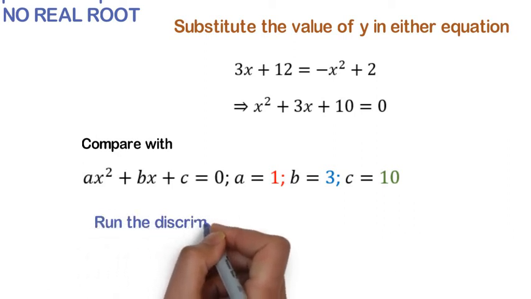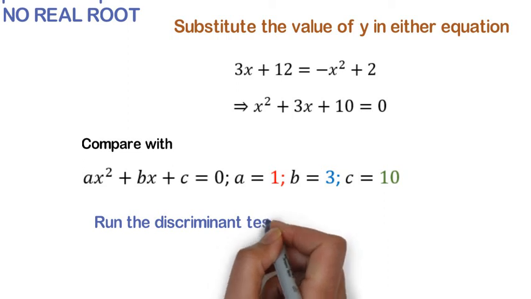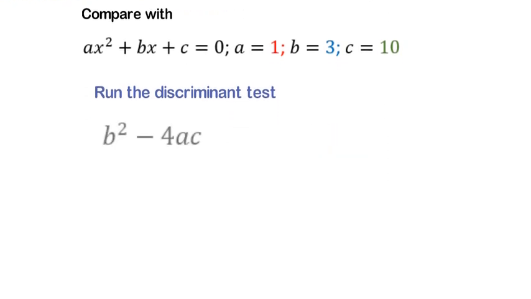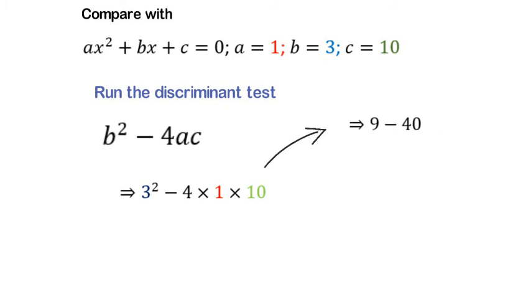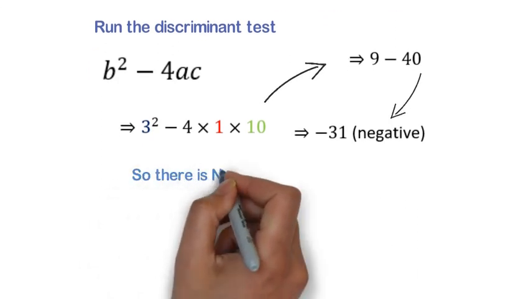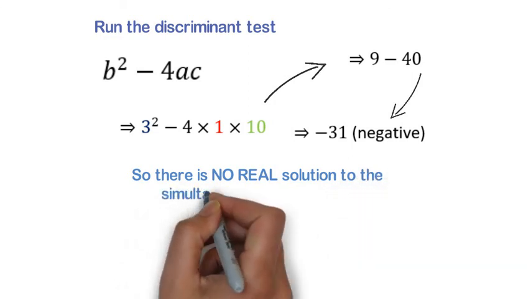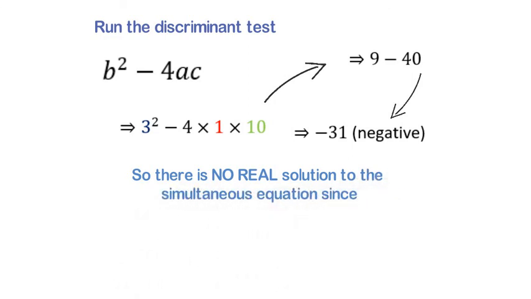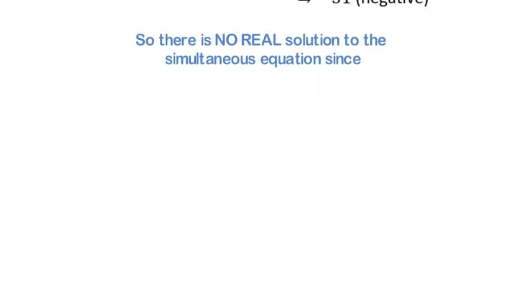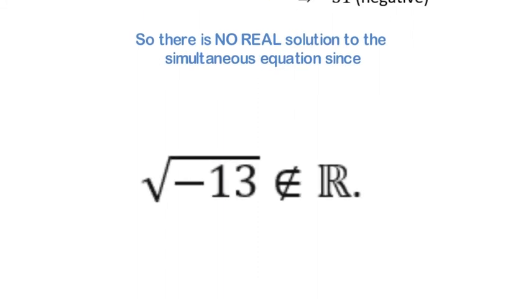Before we solve, let us run the discriminant test. b squared minus 4ac will give us 3 squared minus 4 times 1 times 10, which will give us 9 minus 40, which gives us minus 31, which turns out negative. So there is no real solution to such simultaneous equations, since the square root of a negative number is not a real number.